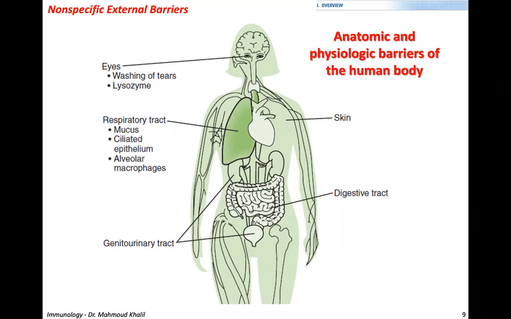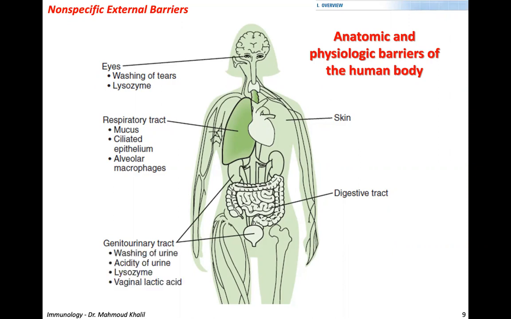For the respiratory tract, it has mucus, ciliated epithelium, and a specific type of macrophage which resides inside our respiratory system, called the alveolar macrophage. And we'll know later what the functions of the mucus and ciliated epithelium are.